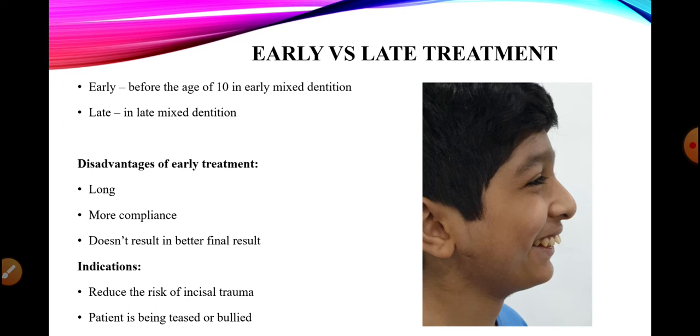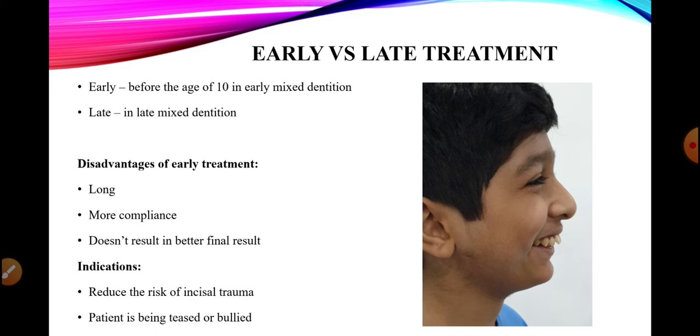So there are only two indications for going for the early treatment, that is when we have to reduce the risk of incisal trauma, or when we have to limit the social bullying and the teasing of the patient by the public. So in those cases, the early treatment is recommended.